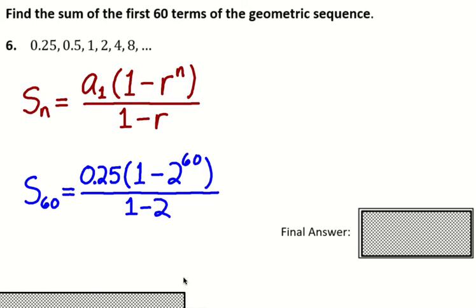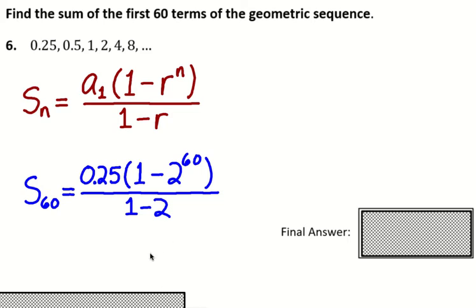And especially since this is going to be a gigantic number, you might want to just throw all of that into your calculator at one time. And if you have an N over D button, like on the current yellow ones we have, it makes it even that much easier.